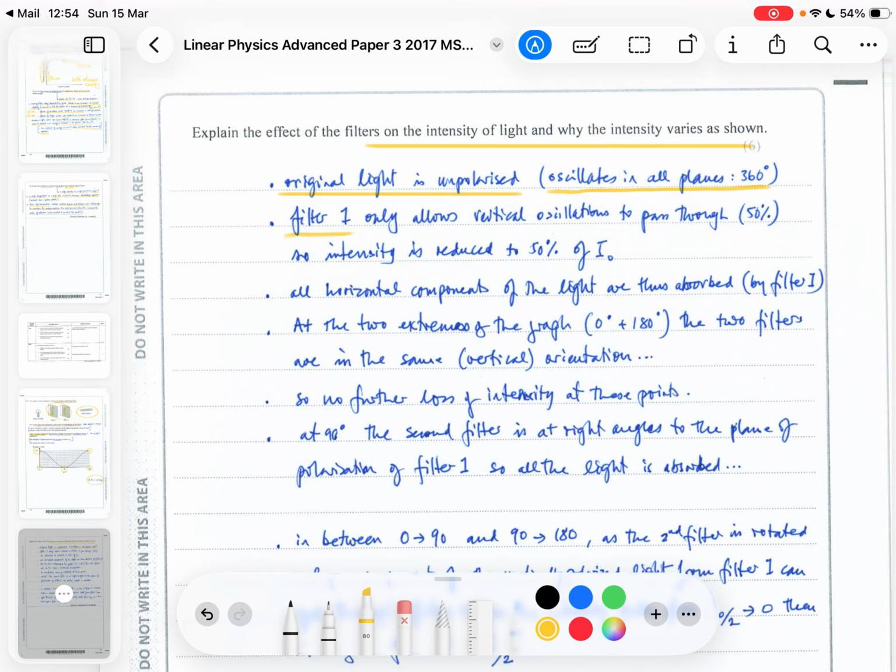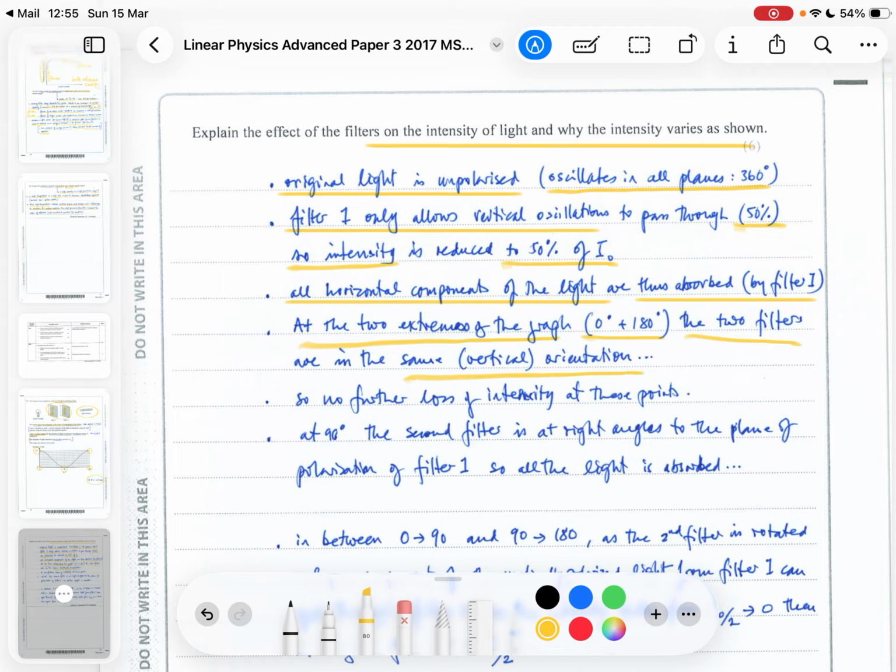Filter 1 only allows vertical oscillations to pass through. So you're going to get 50% of the original intensity of the light. All horizontal components of the light are thus absorbed by filter 1. At the two extremes of the graph, 0 degrees and 180, the two filters are both in the vertical orientation.